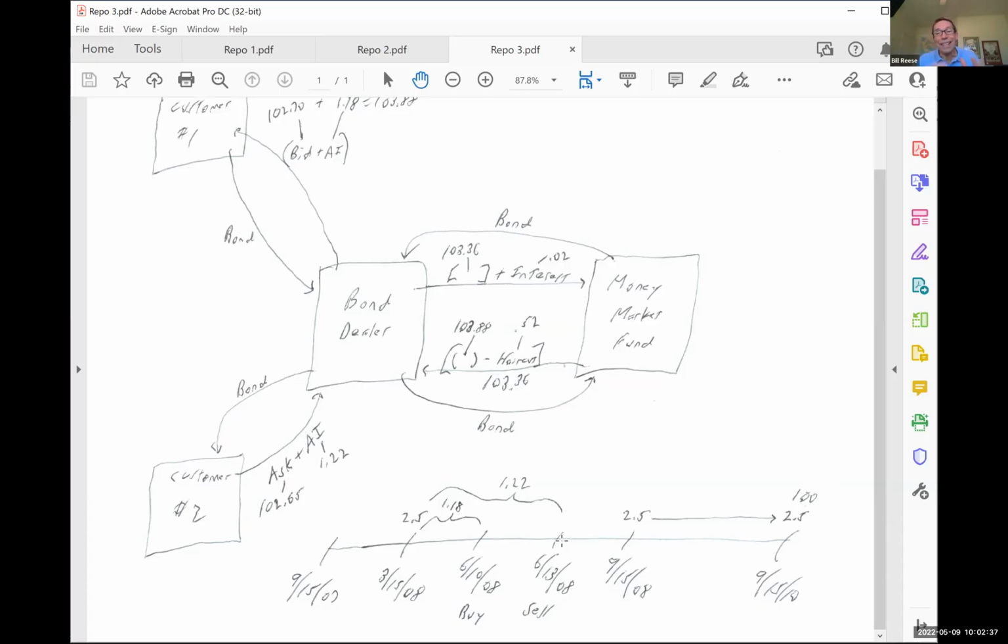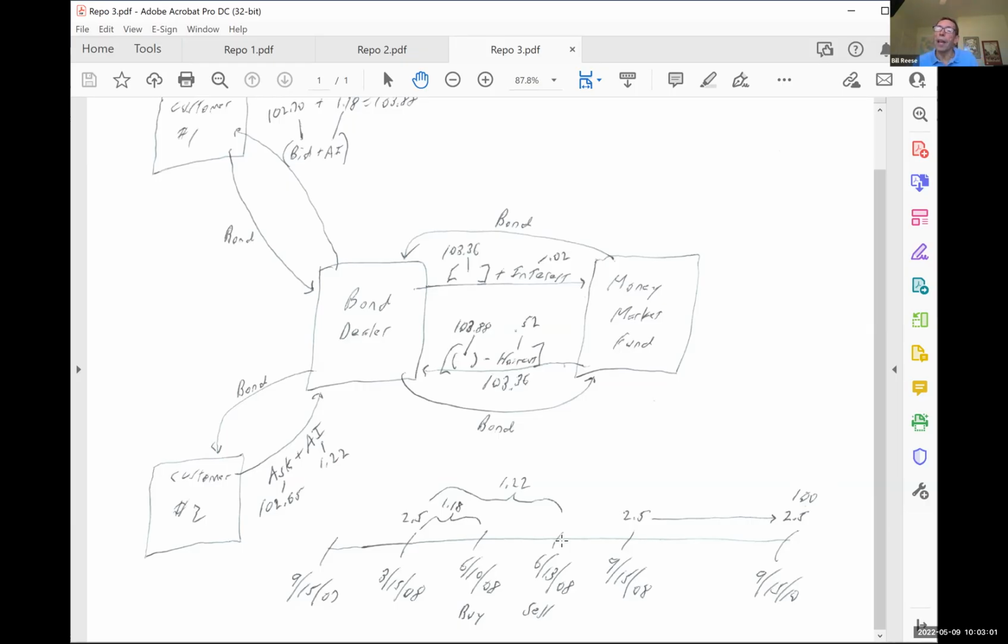But unless they have a strong belief the value of the bond is going to be going up and they want to hold it for investment purposes, the way they make their money is as quickly as possible buying and selling bonds. Because they're going to be making money in the bid-ask spread, and if they're financing the position through a repo, they are going to be making money on the positive carry as well.